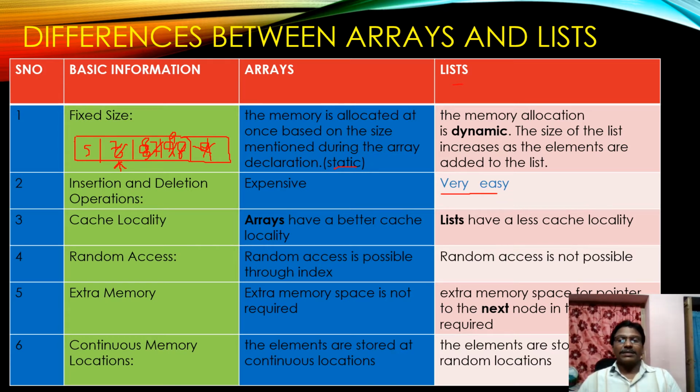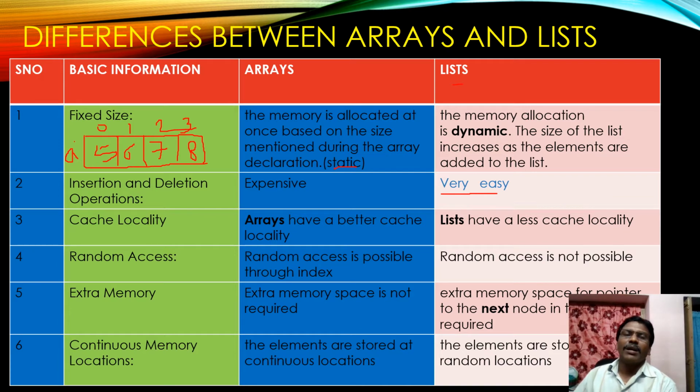Next one, random access. Random access is possible through indexing. For example, take an array variable A with values 5, 6, 7, 8 and indexes 0, 1, 2, 3.